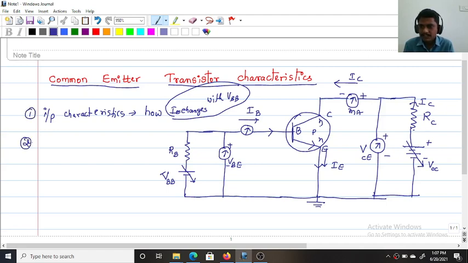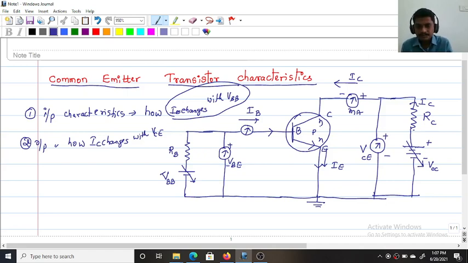In output characteristics we study how the collector current IC changes by varying VCE, the collector to emitter voltage. These are the input and output characteristics.